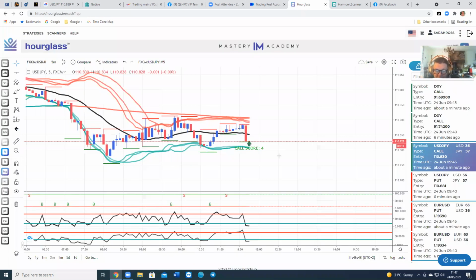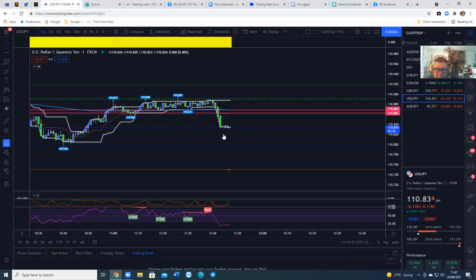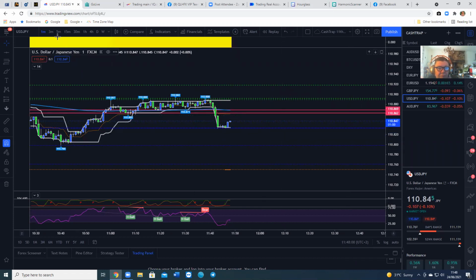Hourglass. So our previous lines were here. This is like an auto support. Just struggling a little bit there. It's gone up now, 845 on TradingView.